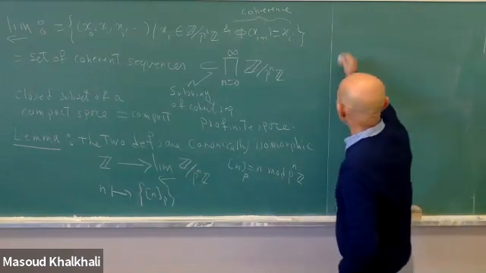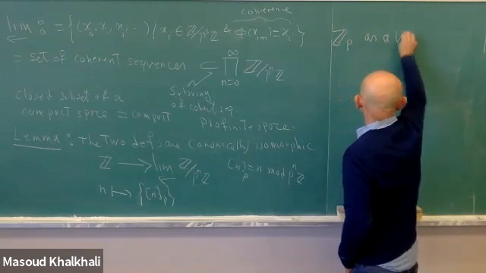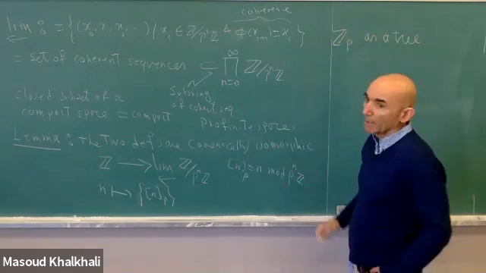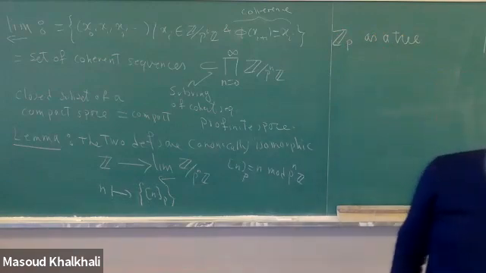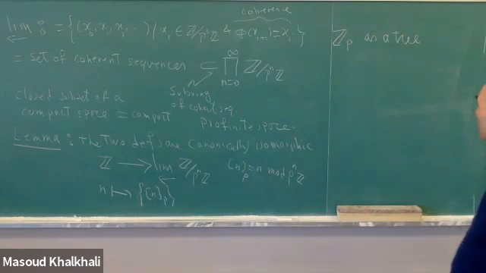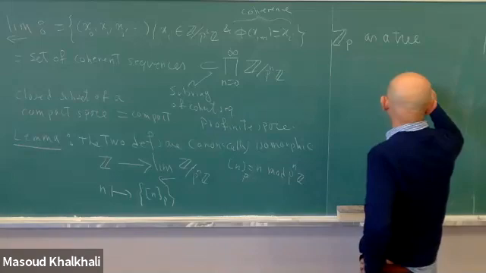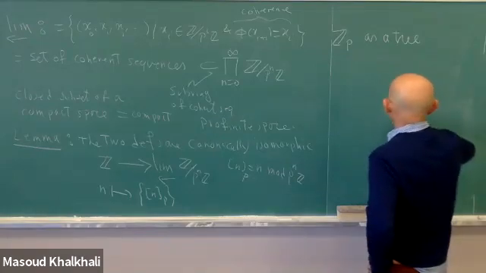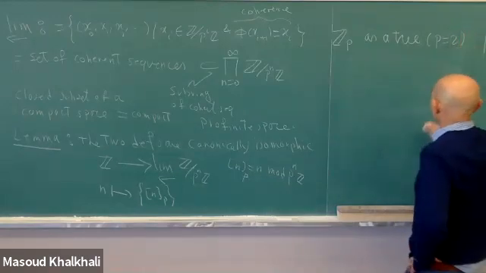So now Z_p as a tree. I mentioned this last lecture, but I went very, very quickly over this. So what is it? As a tree, we can just look at it like this. Let's look at the case of p equal to 2 to be very concrete.